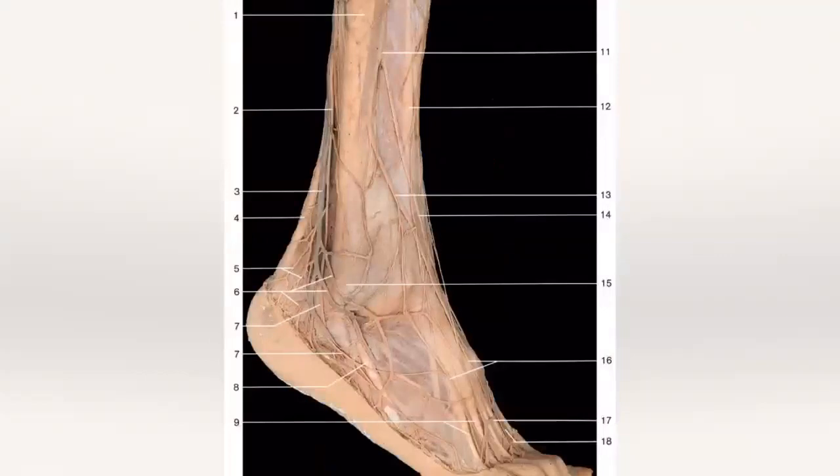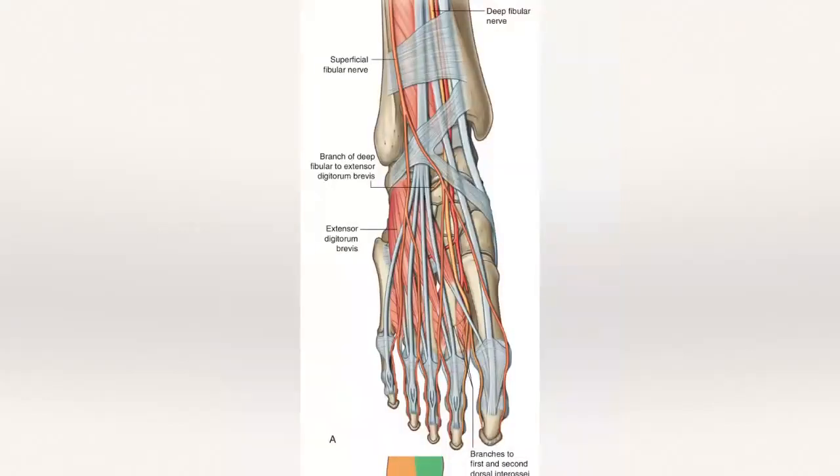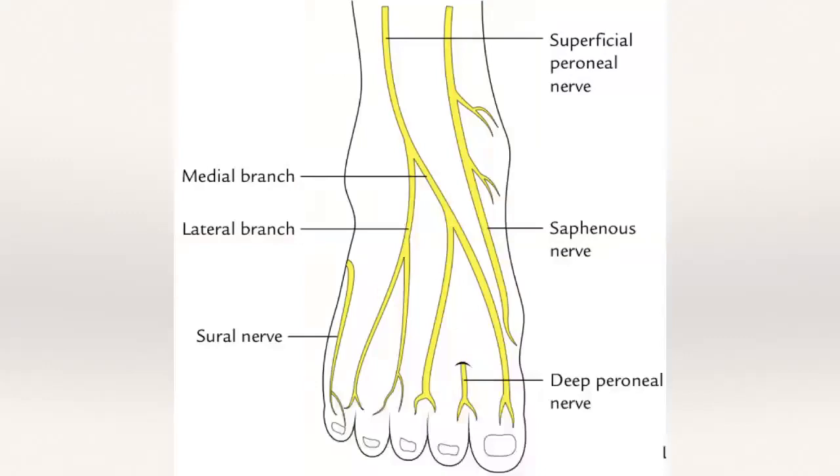Again the same cadaveric specimen. This one is the intermediate cutaneous, and this one is the medial cutaneous. So you see the medial branch and lateral branch, the medial cutaneous and intermediate cutaneous.